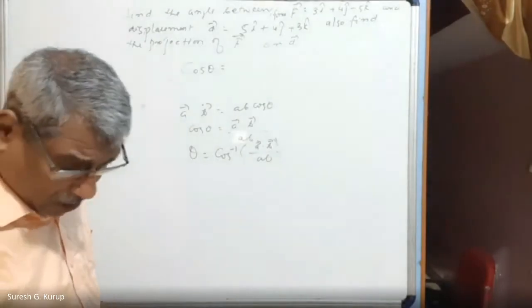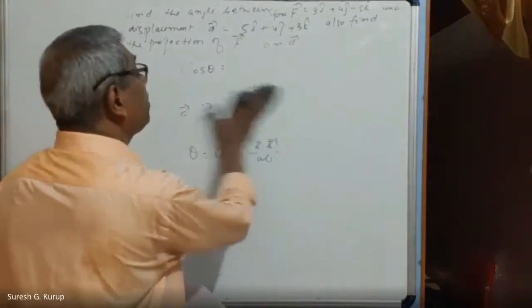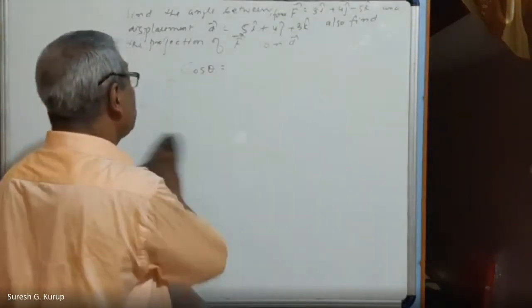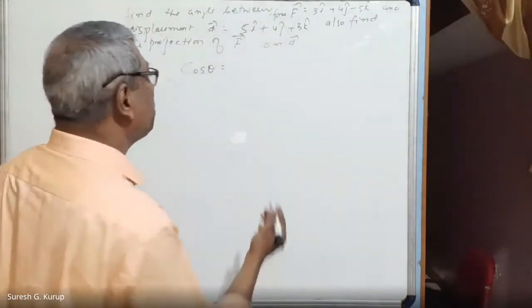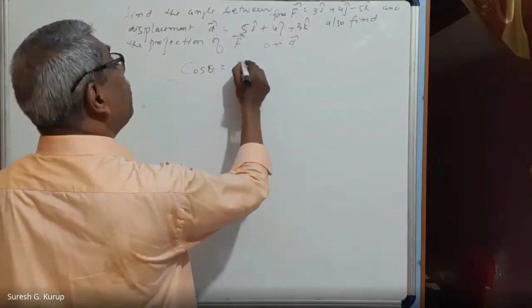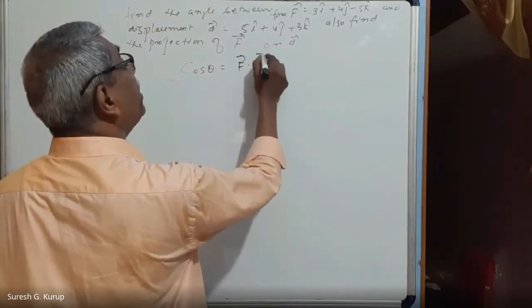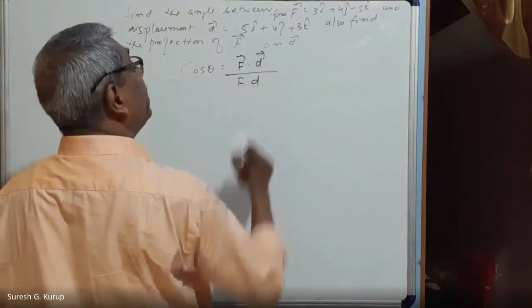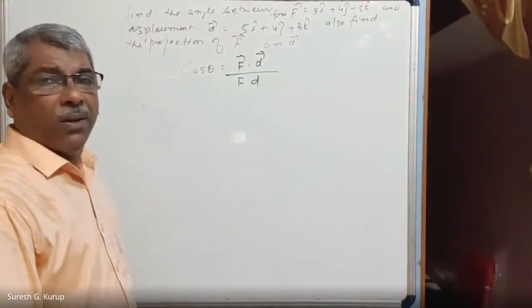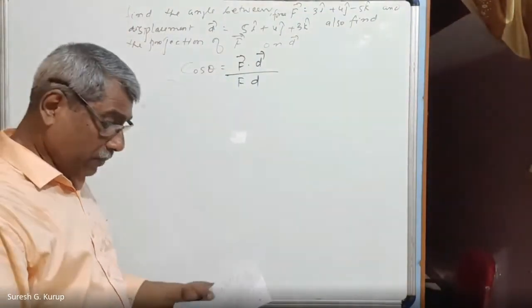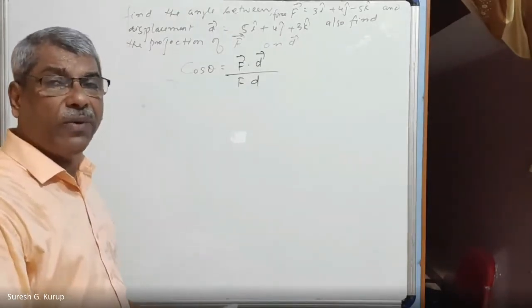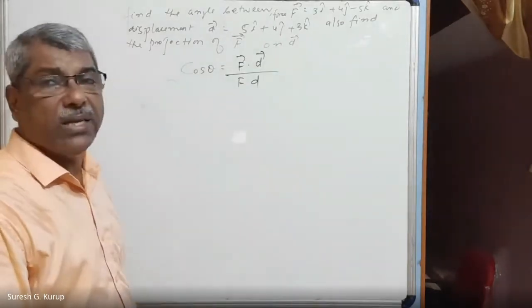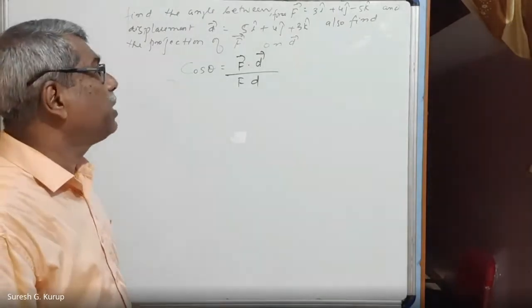Okay, in this case, what I am going to do, please see that. Cos theta is equal to, here the vectors are vector f and vector d. So first of all, you will write vector f dot vector d divided by f d. What is f? f is the magnitude of the vector f. And d is the magnitude of the displacement vector d.